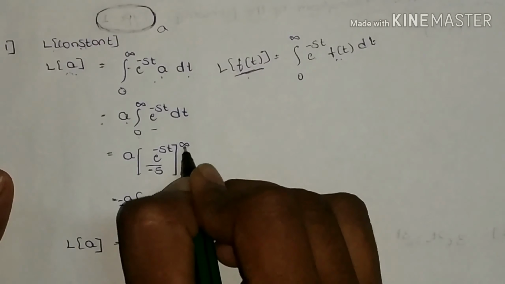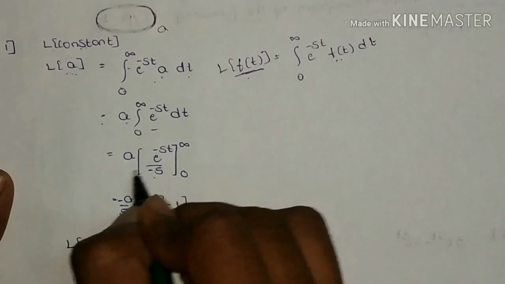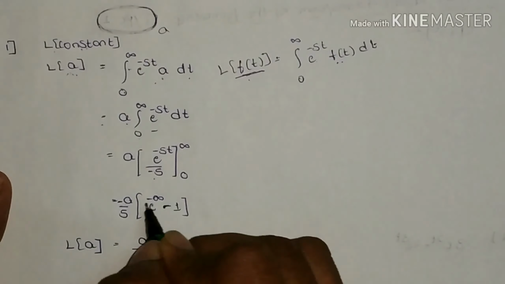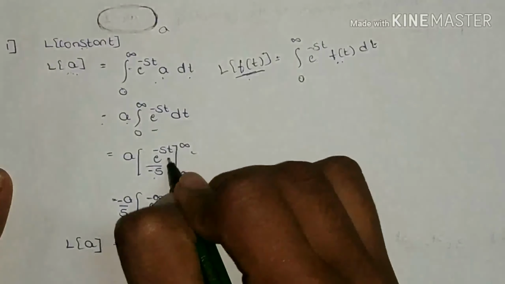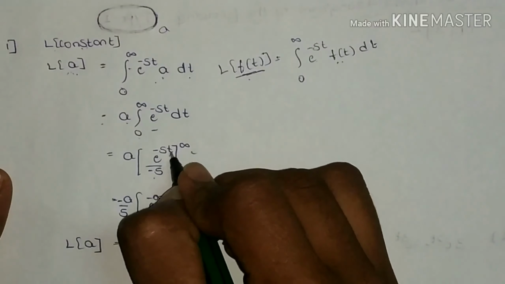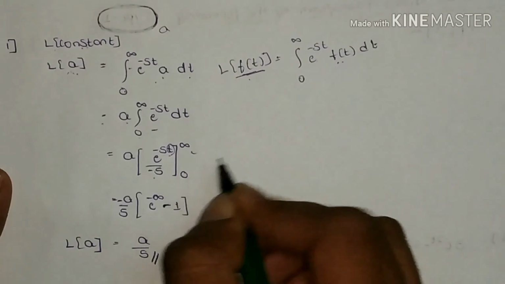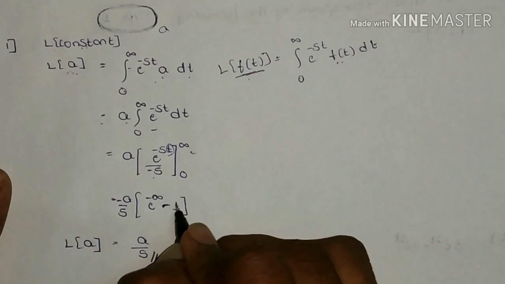When I put the limits, minus s is a constant, so taking it outside, it becomes minus a by s. When I put the upper limit in front of s, it becomes e raised to minus infinity, minus 1. When I take 0 as the lower limit, it becomes minus 1.